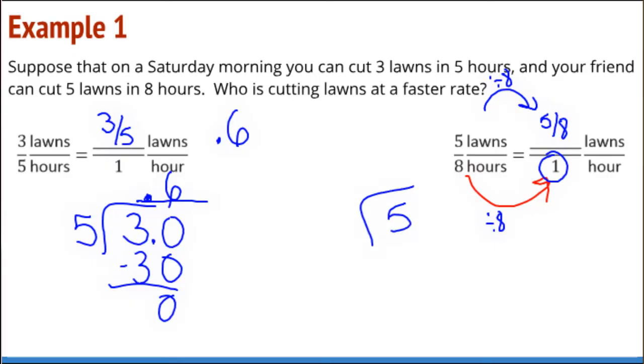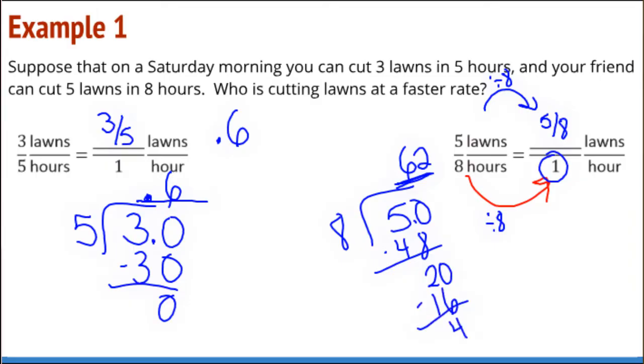And I've got this 5 divided by 8, and I find that 5/8 of a lawn in an hour is 625 thousandths.